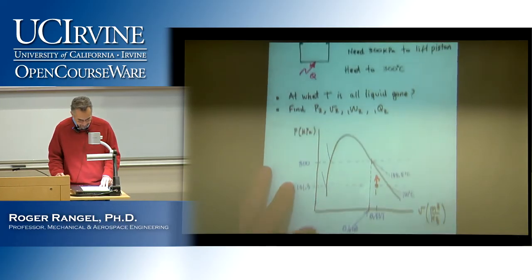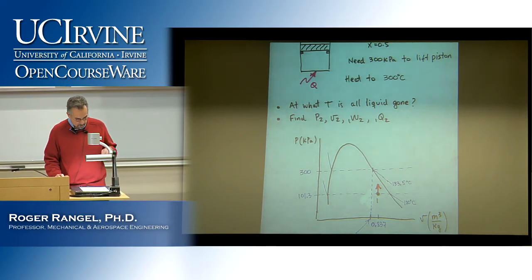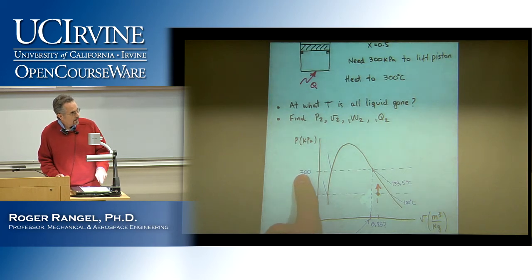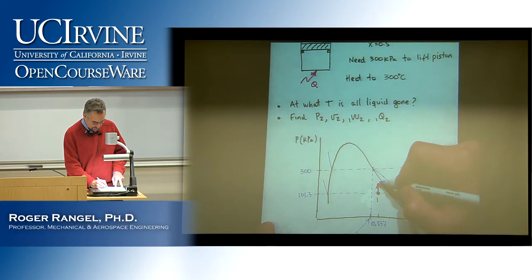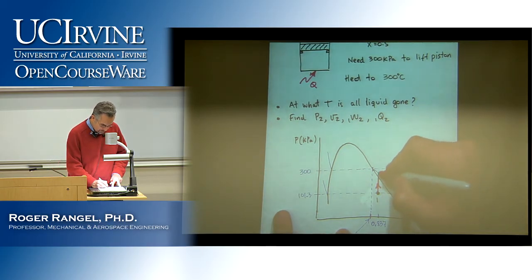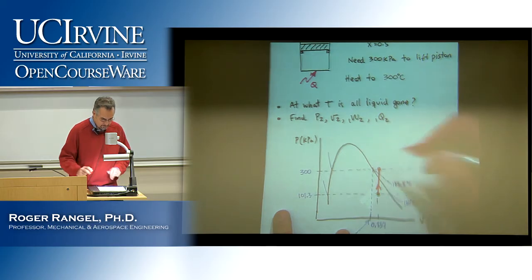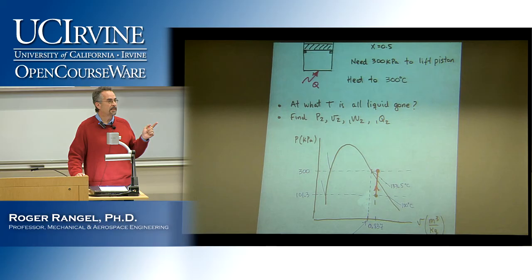All right? So that, of course, tells me that I'm not going to reach 300 until I get out of the dome. Because if I keep drawing this line up, when I reach 300, which is when the piston will begin to lift, I'm already outside the dome.